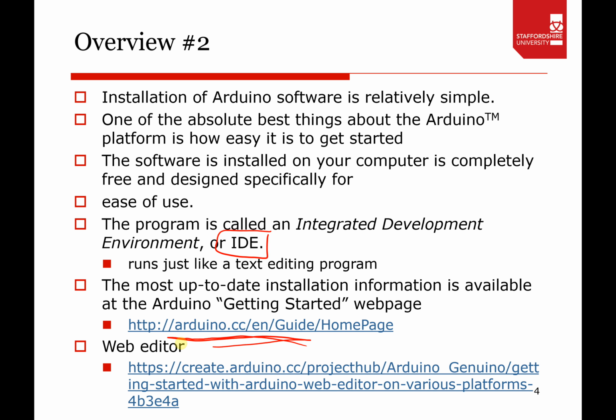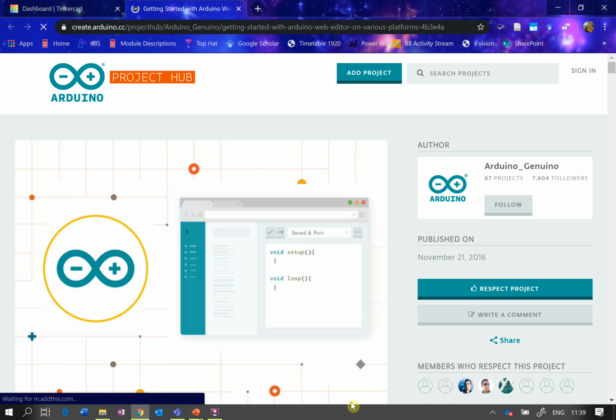You will find that there is an awful lot of information at the Arduino homepage. If you are on a computer that doesn't have the IDE installed, then you can create an Arduino project here using the web editor. However, this may be problematic if you don't have a connection to the web.